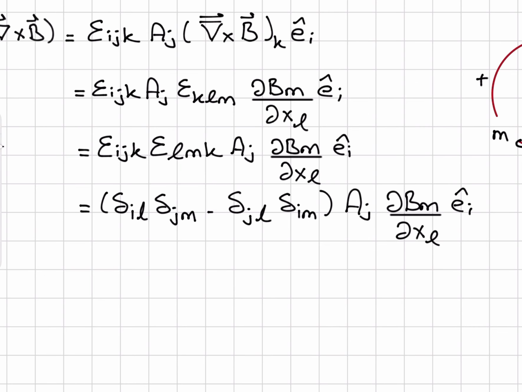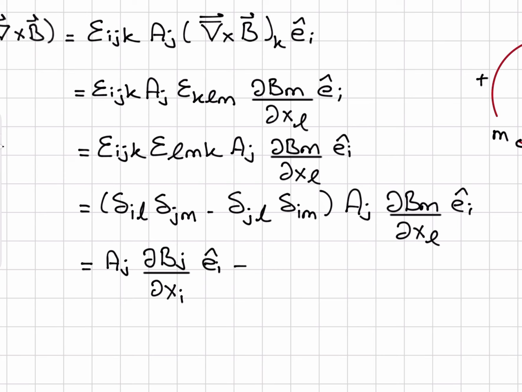Okay, now we're going to operate the Kronecker delta. Kronecker delta sets L equal to I and M equal to J. So we're going to have AJ, and for del BM we're going to have del BJ, and for del XL we're going to have del XI, because L will be equal to I, in EI hat direction.